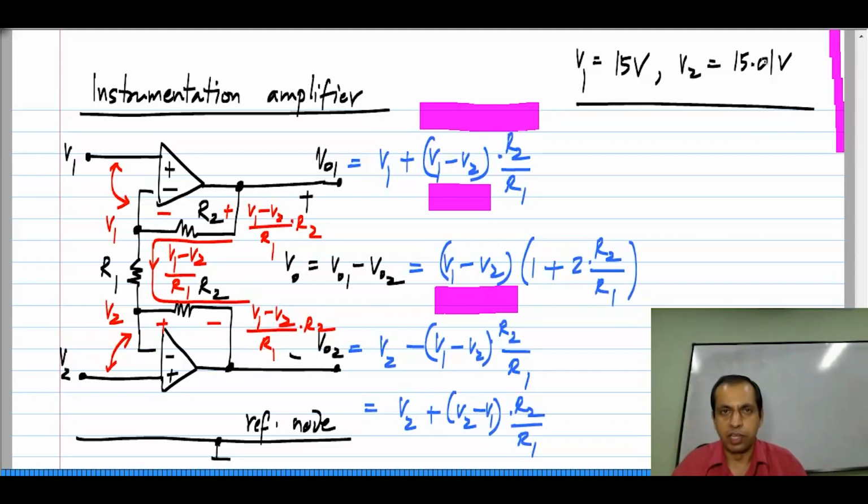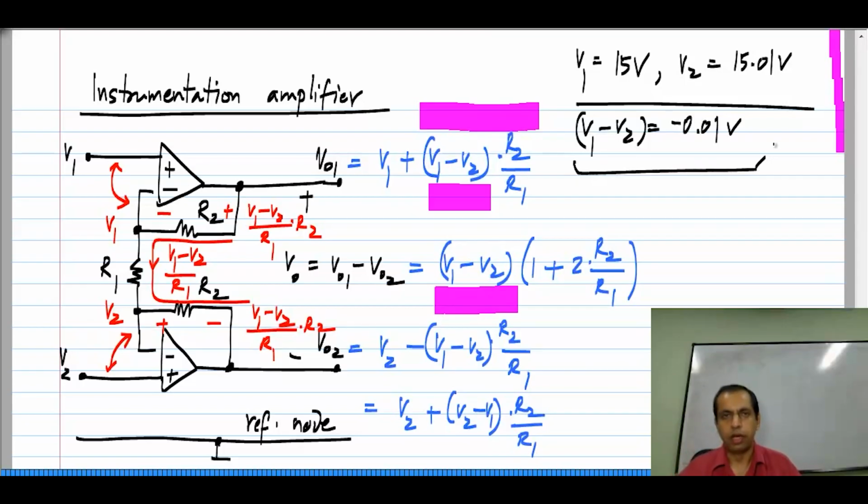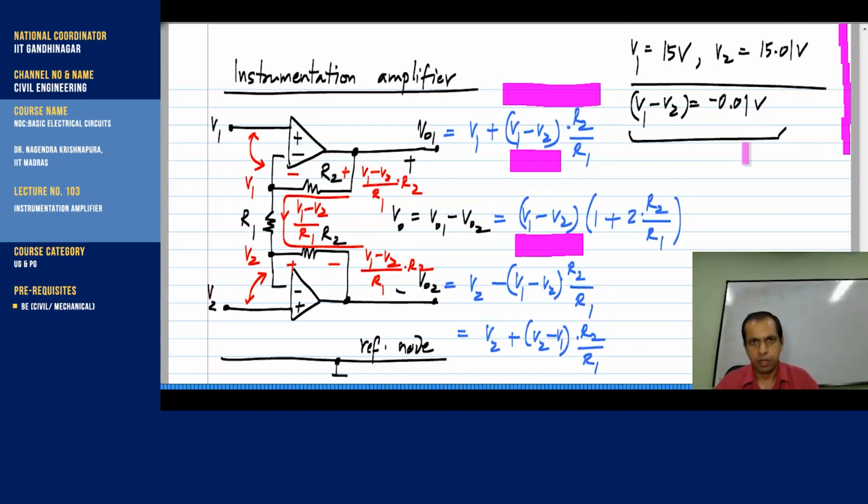And I am interested in only the difference V1 minus V2, which is actually a very small number, which is minus 0.01 volts. I need a circuit that amplifies this very small difference and ignores the fact that each of these voltages is large. So, that is, it emphasizes the difference. So, what happens if I apply those two voltages to this circuit? So, let us say I have 15 volts and 15.01 volts.